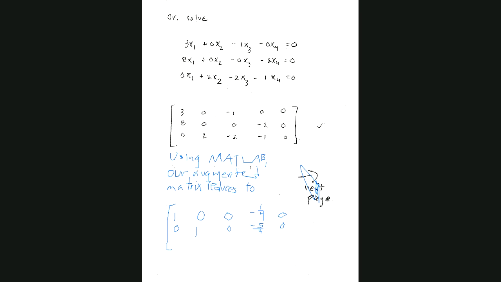And then 0, 0, 1, -3/4, and 0 for the last row. Okay, reduces.